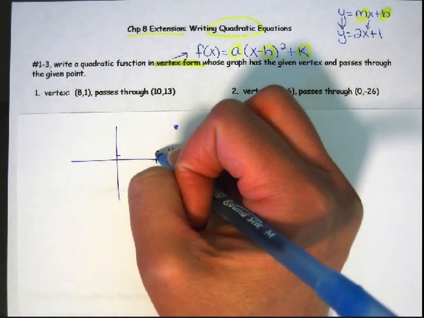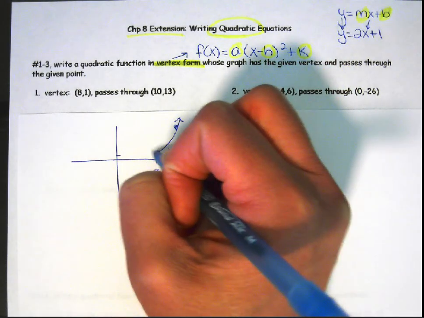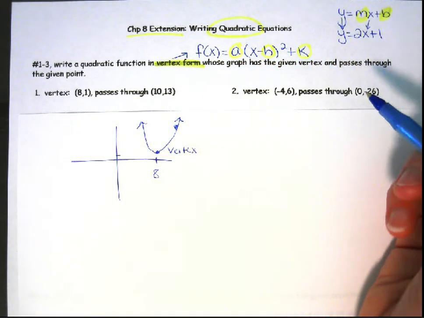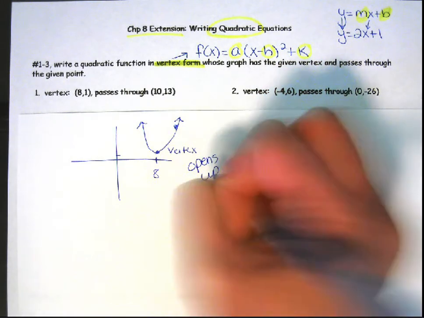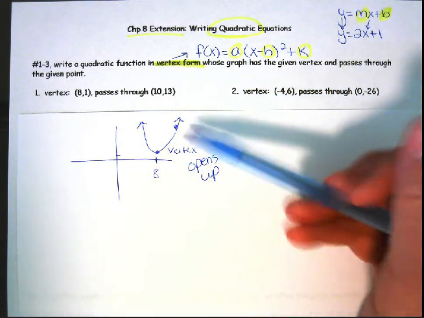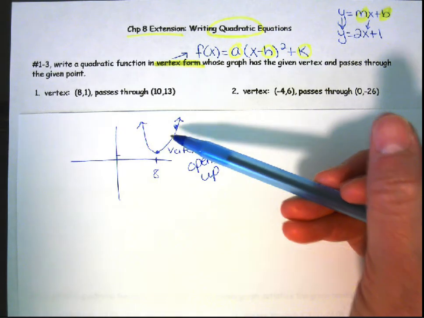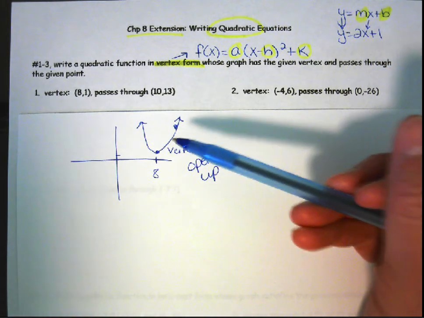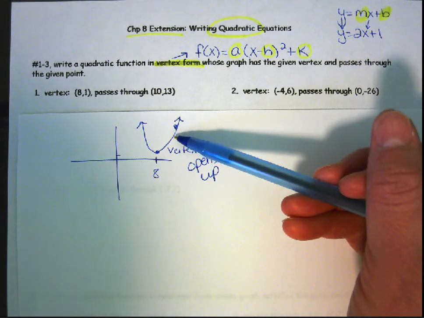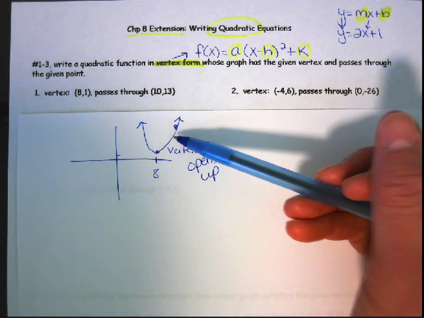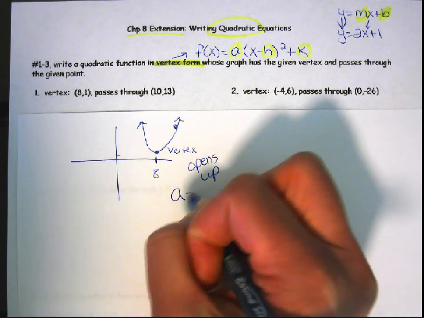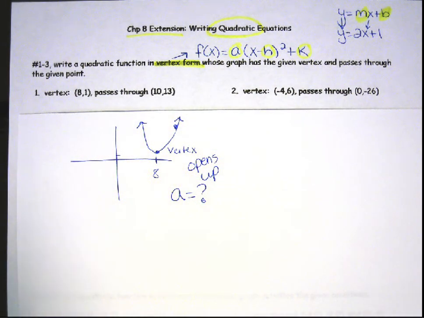So that must mean it looks something like this, which is helpful because I know it opens up, but I really don't know what the A value is. Is this wider than normal, or is this stretched? Is it more narrow, or is there no change at all? I really don't know. So we are going to need to calculate that A value.